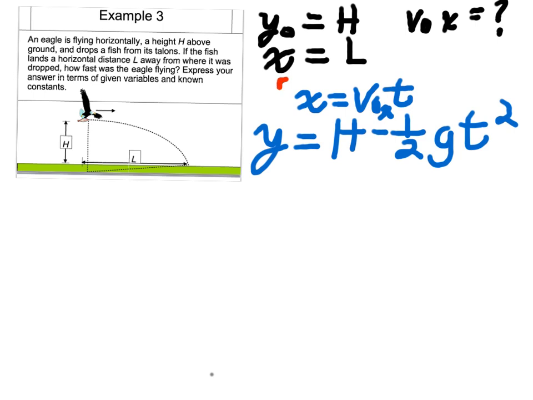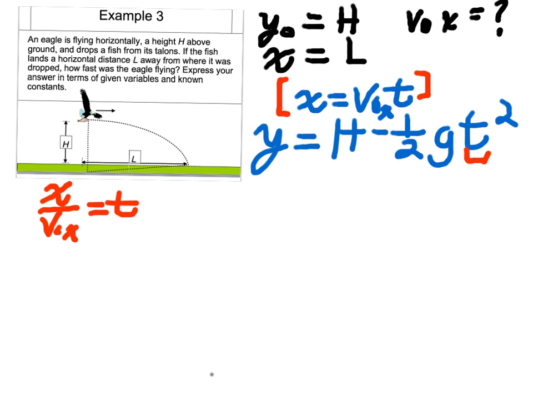Okay, so I'm going to take this equation here for x, and remember, I'm ultimately trying to get v naught x. What I don't have is a time, so I have to get rid of the t. To do that, I'll solve the x equation for t, and just divide by v naught x. x over v naught x equals t.